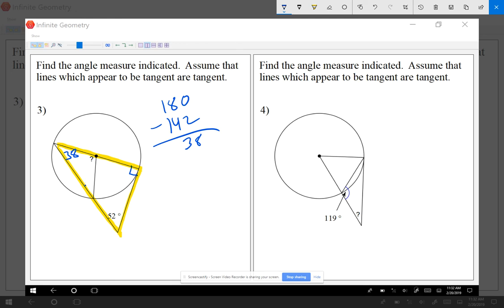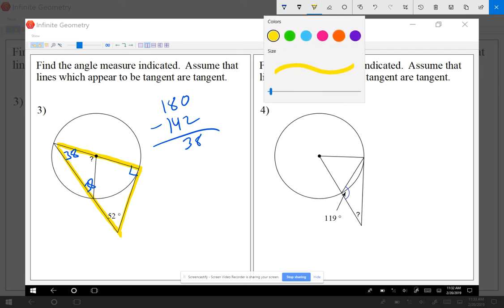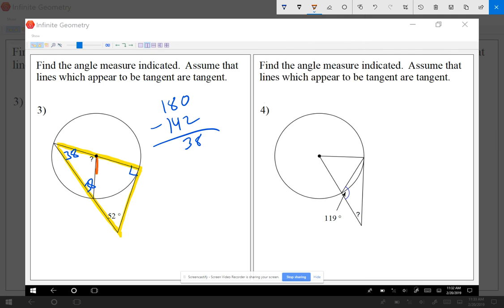And I know this angle right here is also 38, because now I'm looking at an isosceles triangle. I call them 38 because you see how two sides are equal, the radius of the circle, so two angles are equal. So now looking at the orange triangle, I'm going to add the three angles, x plus 38 plus 38 equals 180.